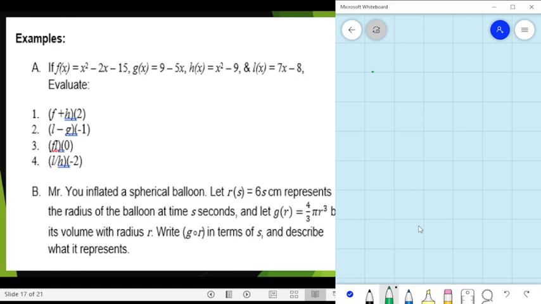Okay, so we are going to find G circle R. We have G circle R of s, which is the same as G of R of s.